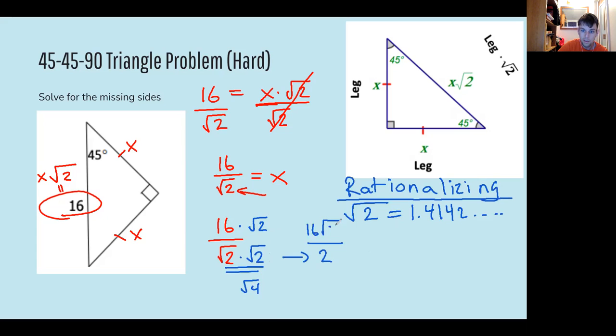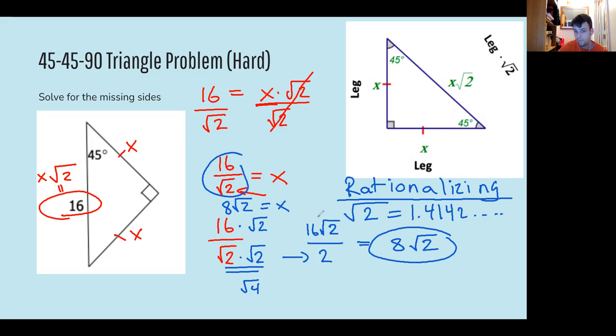We just put these two things together: square root of 2 times 16. And then notice how these will divide evenly. 16 is evenly divisible by 2. So this can actually reduce even further into 8 root 2. So that is actually what x should be equal to. x should be equal to 8 root 2.